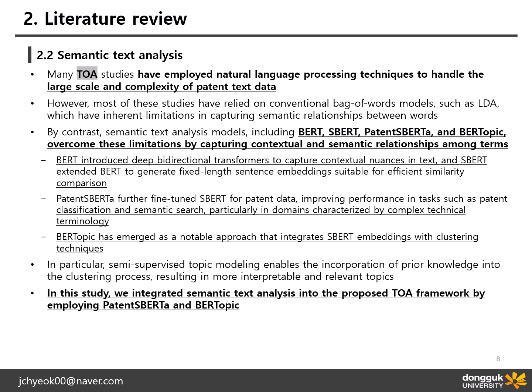In particular, PatentSBERTa provides patent-specific sentence embeddings, and BERTopic enables the extraction of interpretable, semantically coherent topics. Accordingly, this study adopts PatentSBERTa and BERTopic as core methods to integrate semantic text analysis into the proposed TOA framework.